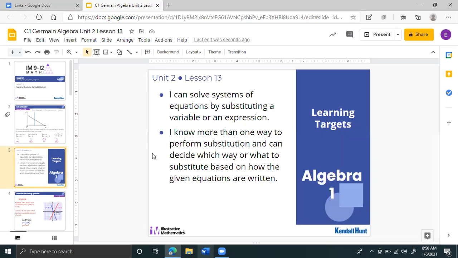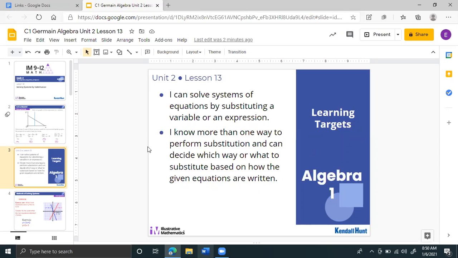The second one here is: I know more than one way to perform substitution and can decide which way to substitute based on how the given equations are written. So this means we're going to have some flexibility when we're thinking about substitution. You might just be given an equation with y equals or x equals, and you can just substitute it in.